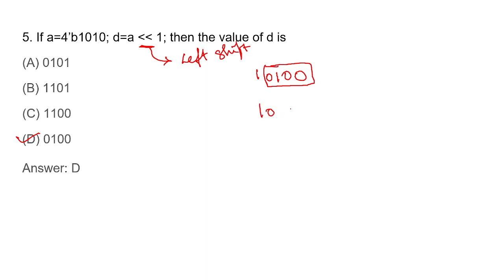Same, if we have a right shift by 1, then the answer will be 0001. I will shift 1010 by right.